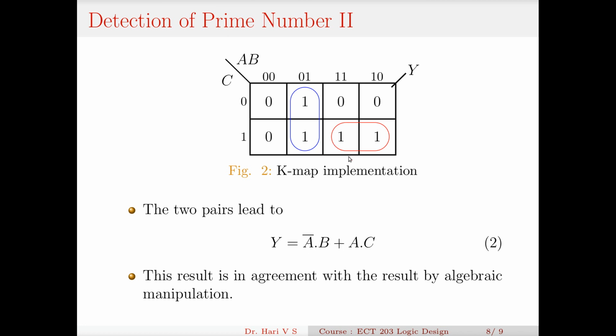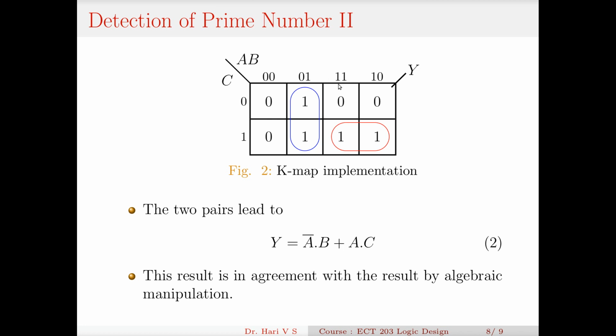And what is the term corresponding to this red oval? You can see that it happens in one row, so the C remains constant. C is there, and what happens here is AB, it is 1, 1 and 1, 0. You can see that the A part is not varying. In this 1, 1, 1, 0, the LSB part is varying, but the MSB part does not flip.